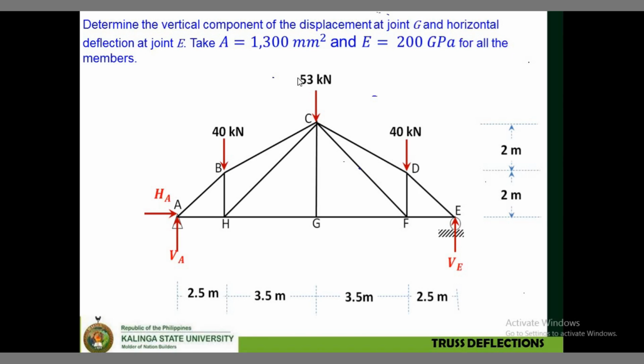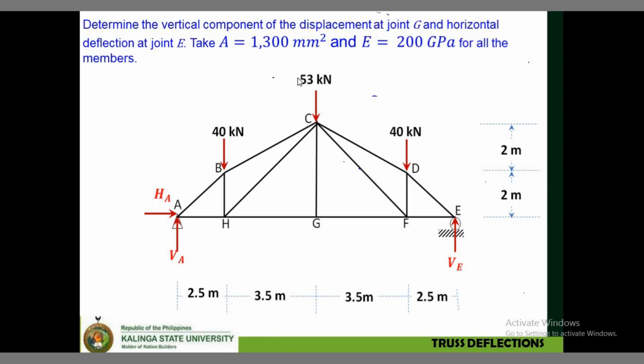So, again, for this problem, you're required to determine the vertical component of the displacement at joint G and horizontal deflection at joint E. So, dalawa ang hinahanap dito. Yung vertical component or vertical deflection, displacement or deflection, halos magkapareho lang siya.